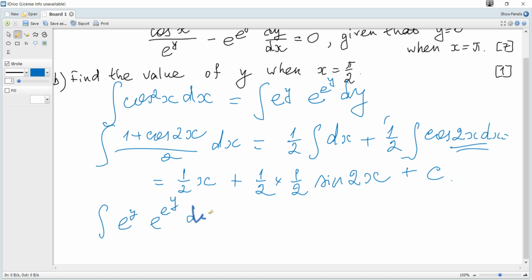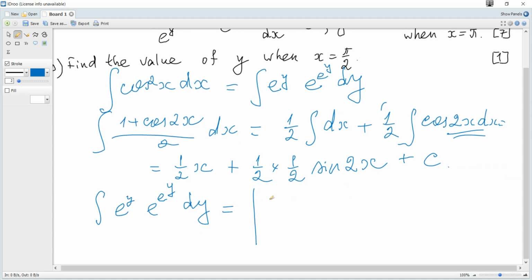And how to integrate e to the power of e to the power of y dy? Definitely by substitution. So let this power or argument be u.